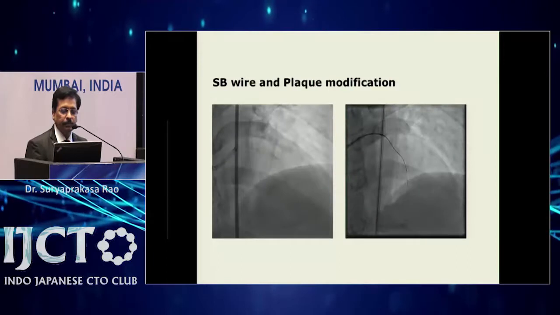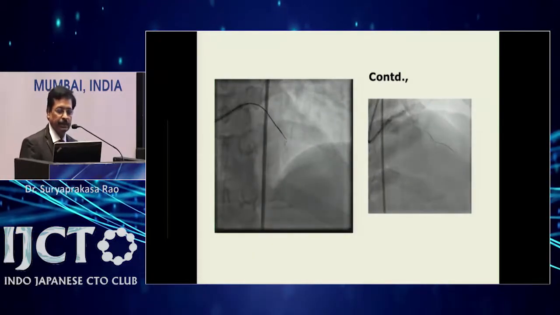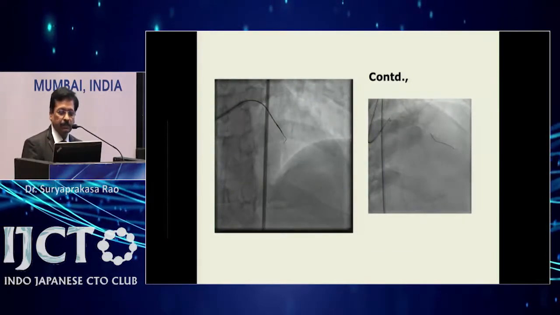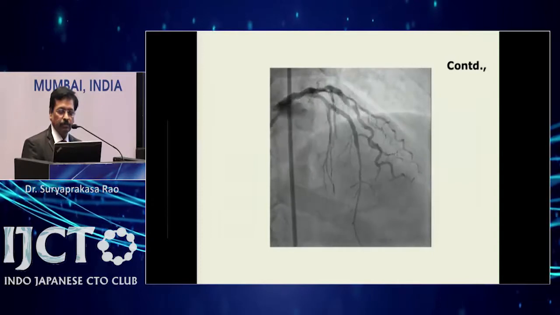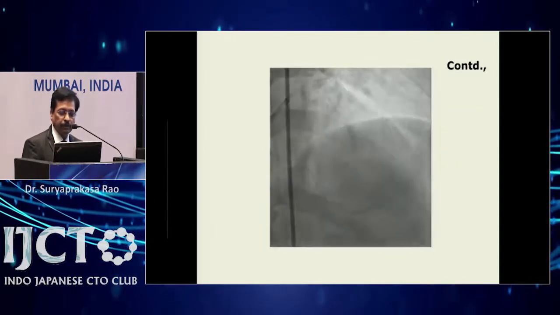Then, in the initial days of the Gaia wire in India, we could finish the case with the anchor giving good support in the side branch, and a Gaia wire crossing the true lumen in the LAD.